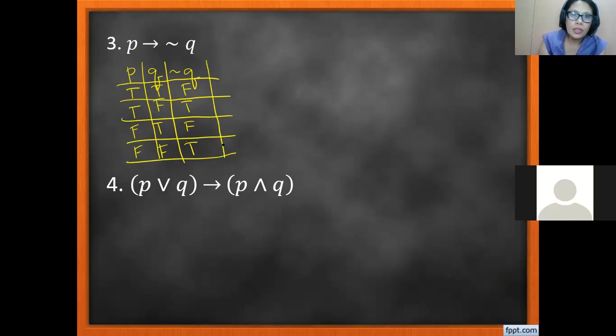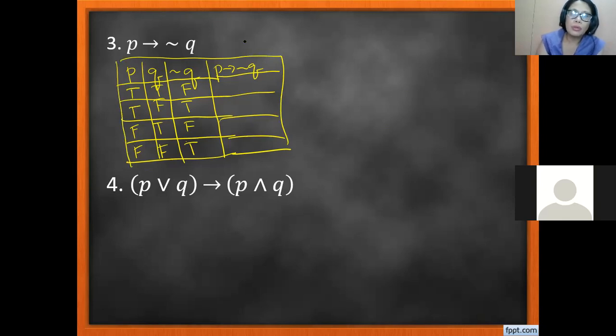And then the last column is if P, then negation of Q. Take note that in the implication table, if P then Q, there is only one false.